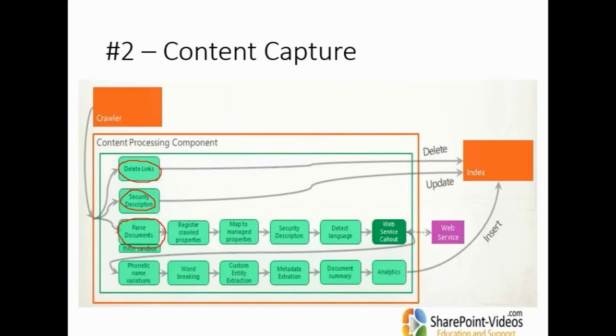And as you can see, processing those changes contains a lot of steps. For example, it extracts the crawled properties, creates the managed properties, gets the security description, does some language detection. It's very important. I will show you some examples of how it works with different languages in the same environment.